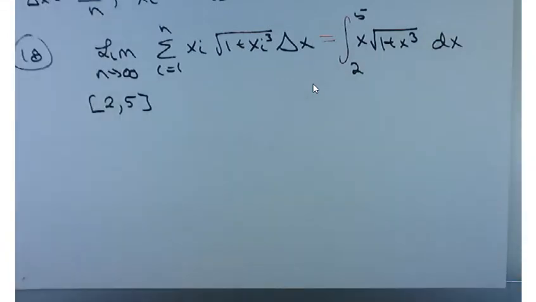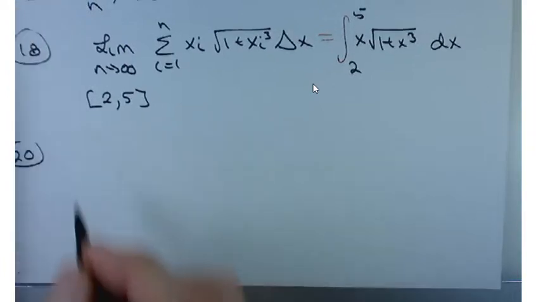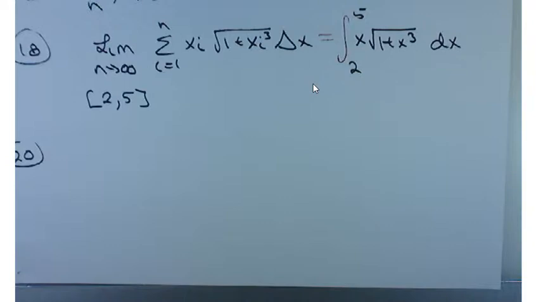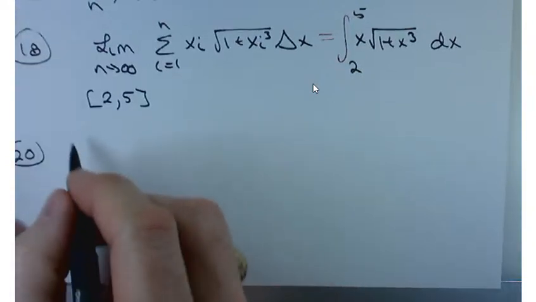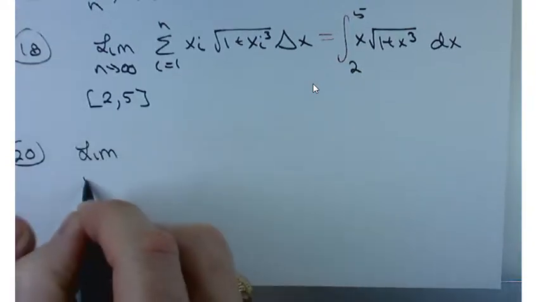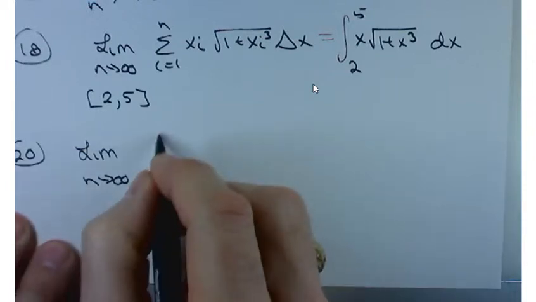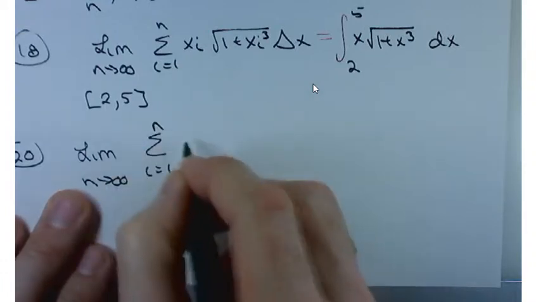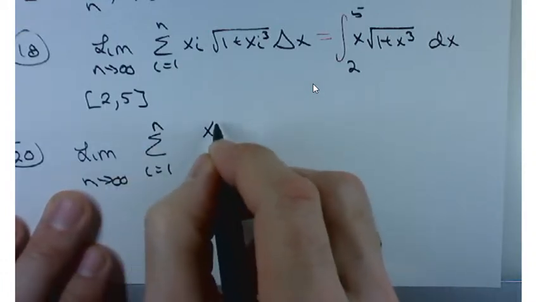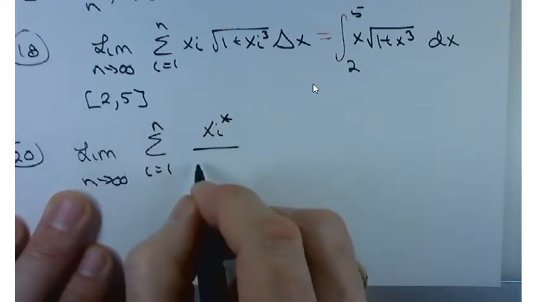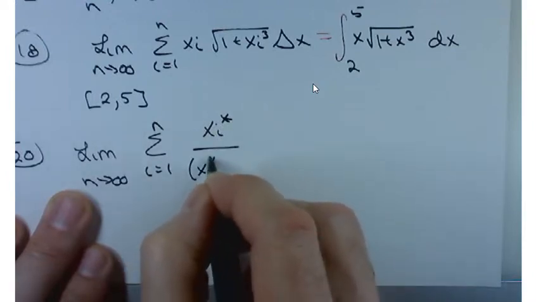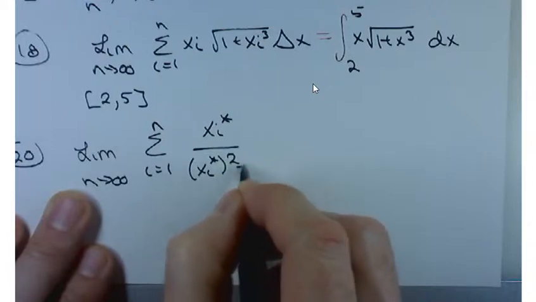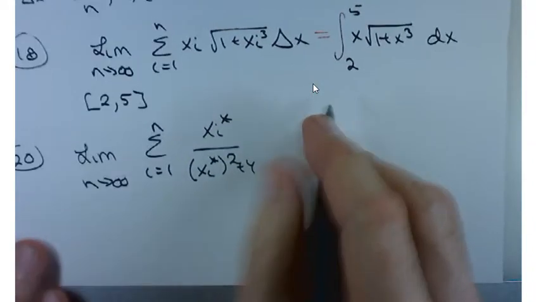Nice. Let's try one more like that, just to get in the flow. I want you to do this one ahead of me this time. So for problem number 20, we've got the limit as n approaches infinity of the sum from i equals 1 to n of x sub i star over x sub i star squared plus 4, times delta x.